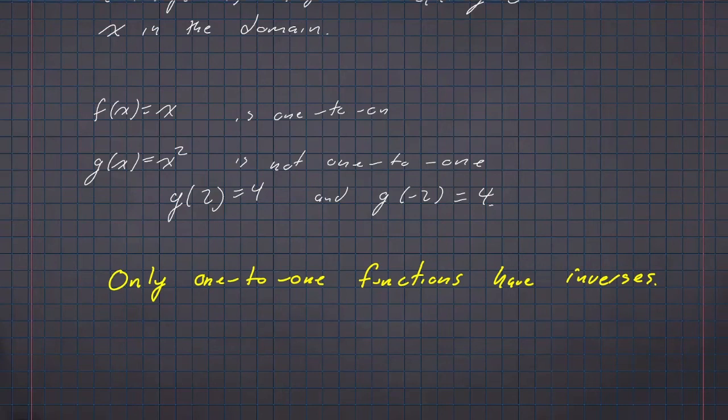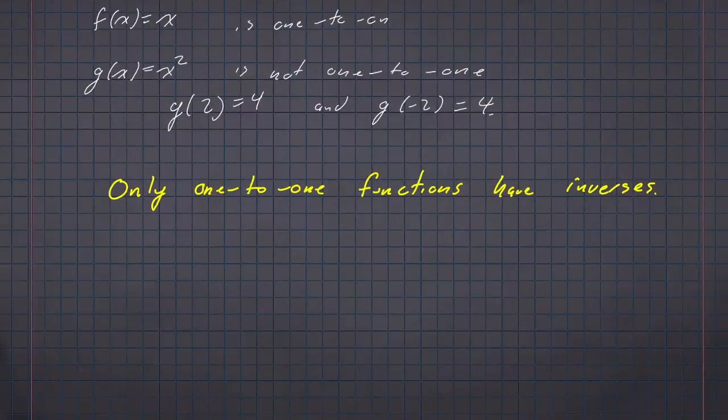There are a couple of more powerful analytic tools that will allow us to clearly identify whether a function is 1 to 1 or not. But a nice kind of visual aid that does always work if you can manage the graph is the horizontal line test.